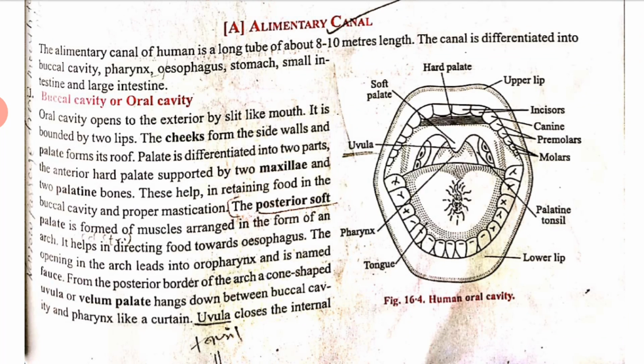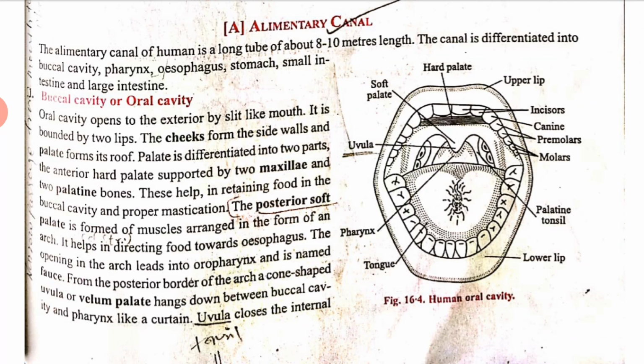So between the buccal cavity and pharynx there is a curtain-type structure, the uvula. You can see it written in this picture. It closes the internal nares during the swallowing of food.